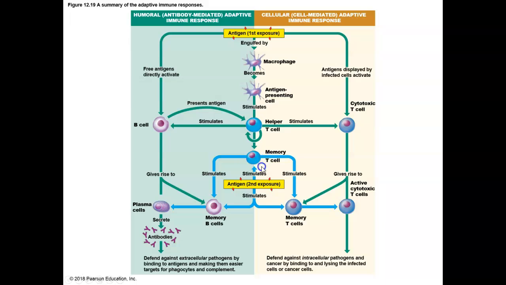The memory T cells remember the pathogen, and the second exposure immediately elicits a response where we produce thousands of clones of plasma cells and cytotoxic T cells, as well as new memory cells, and we fight off the infection before it can even cause any symptoms.